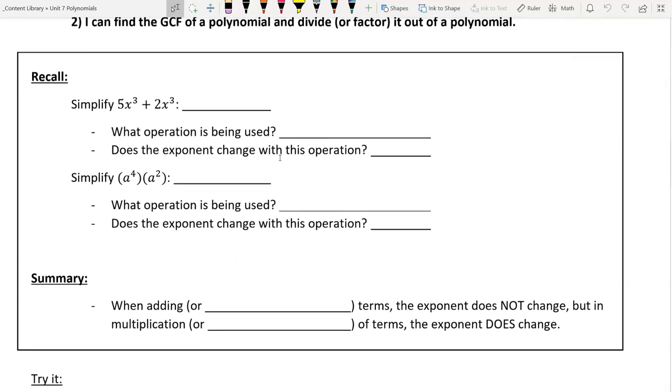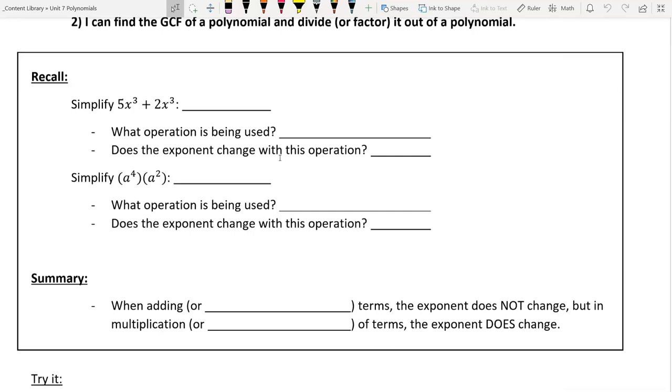But this is important because yesterday I made a lot of emphasis, I guess, on the fact that we never change our exponents when we add. So look at that first one. This is from the past couple of days. Simplify 5x cubed plus 2x cubed. Yesterday, remember, I always said exponents don't change, we just add the numbers in front, the coefficients.